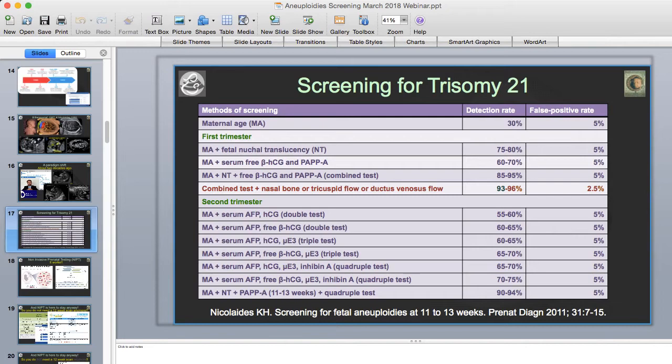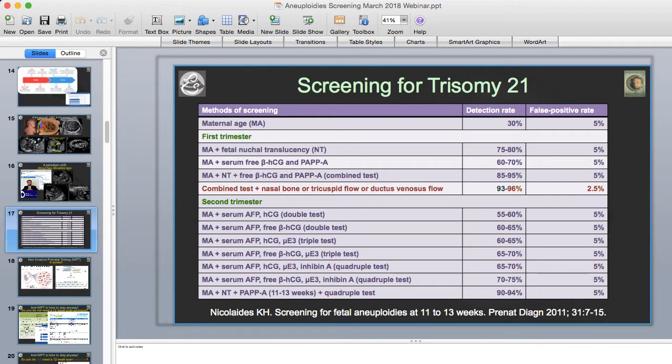If we use only maternal age and first trimester biochemistry, which is free beta HCG and PAP-A, we are back to what is the detection rate in a triple test. Not acceptable. If, however, we combine maternal age with nuchal translucency, with free beta HCG and PAP-A, the combined test, so to say, we have an 85 to 95% detection rate. All of these come at a false positive rate of 5%.